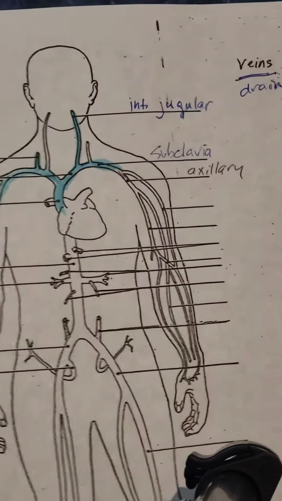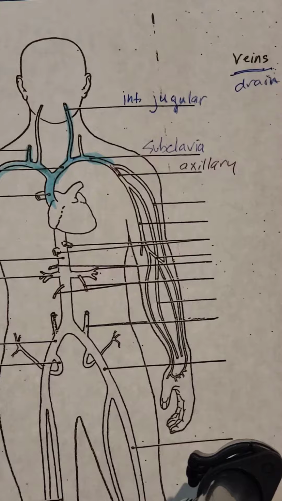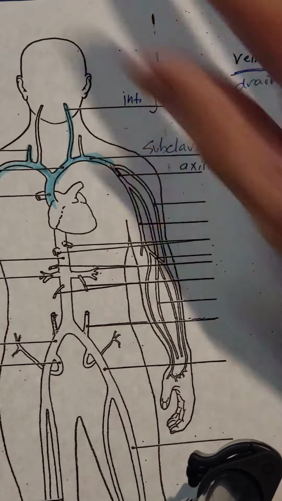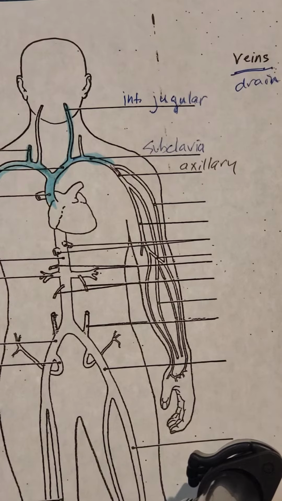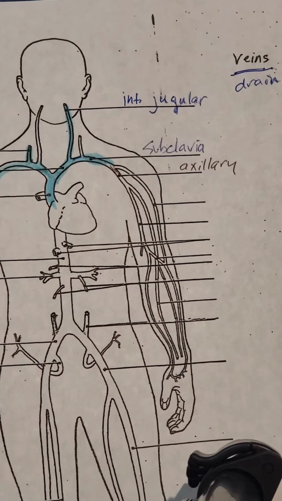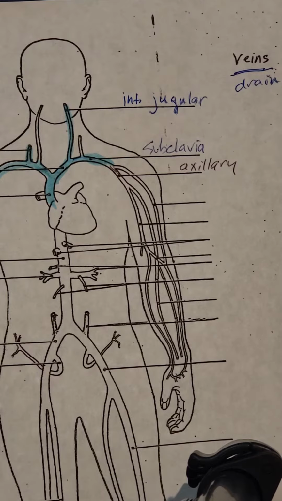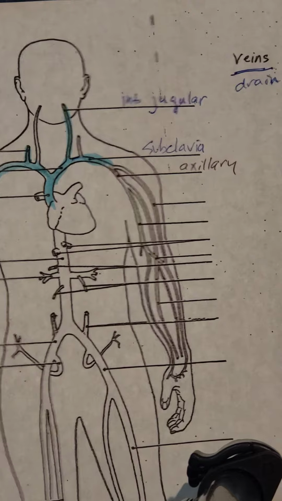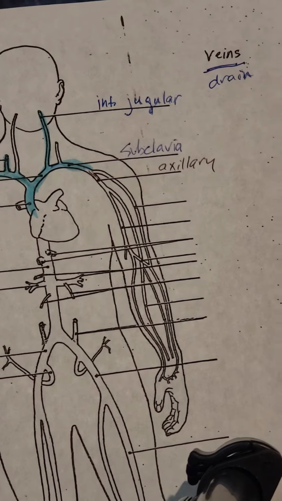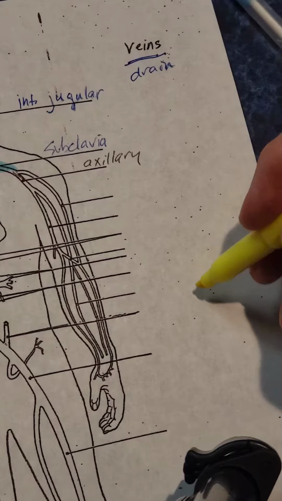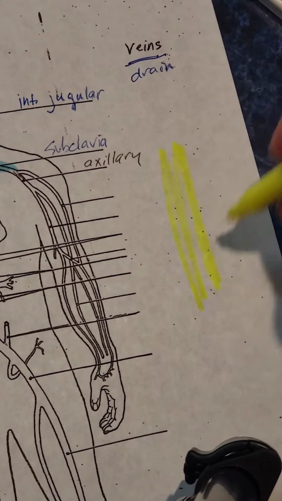Now on this side over here, down the left arm, we're going to choose to label this left arm a little bit differently, okay? I'm looking for my other colored highlighter, which I don't see right here with me. Okay, so we're going to label this side over here as our superficial drainage of blood, okay?